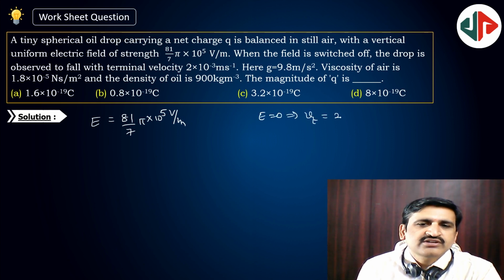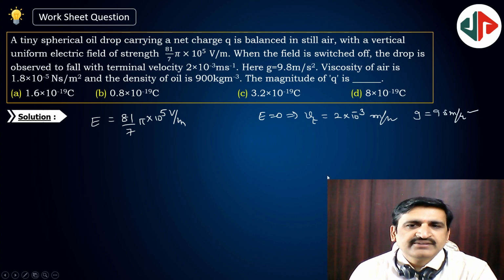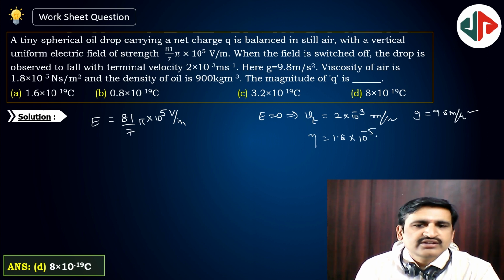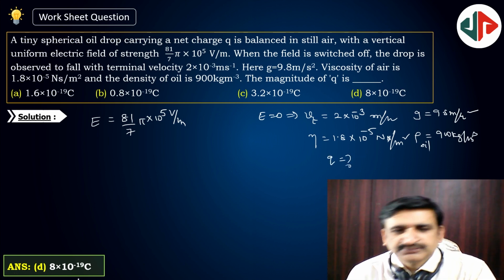Terminal velocity is equal to 2 into 10 to the power of minus 3 meter per second, where g equal to 9.8 meter per second square. Viscosity of air eta is equal to 1.8 into 10 to the power of minus 5 newton second per meter square, and density rho is equal to 900 kg per meter cube of oil. The magnitude of q on it is how much?